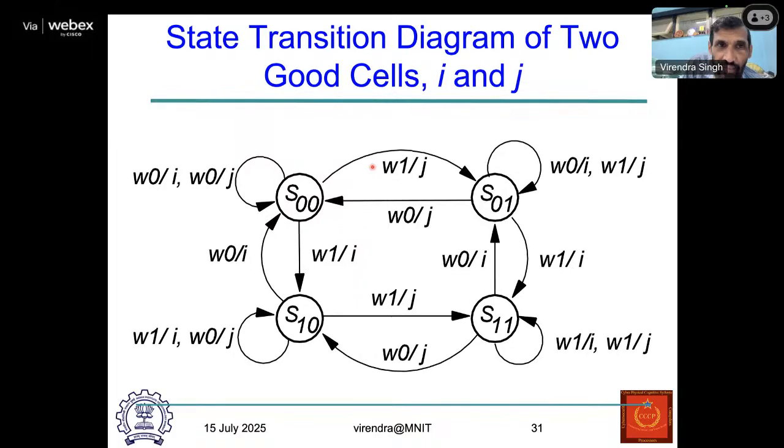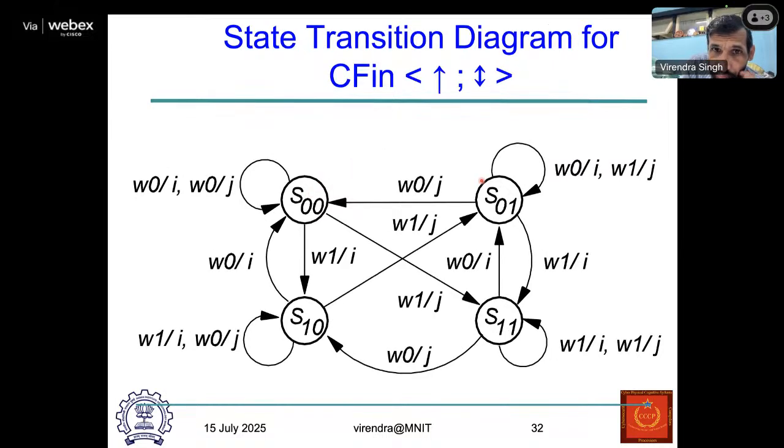You can see the state transitions of two good cells, i and j. So when you are writing 1, it has to go to the state as 0.